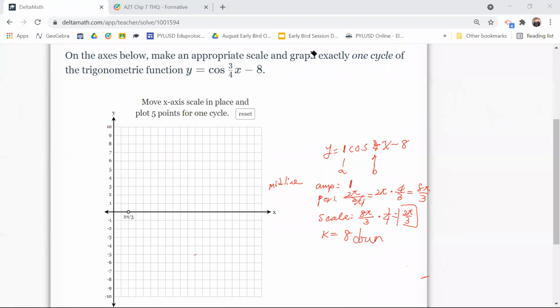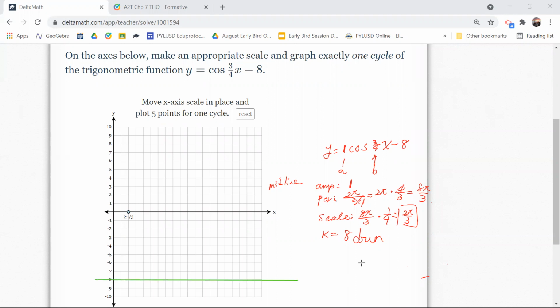They have it scaled for me. I don't need to redraw that. And then we're going to go down 8. Let's change it to green. Go down 8. All right, that's our new midline.